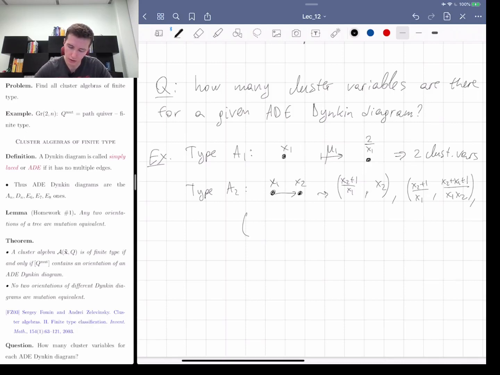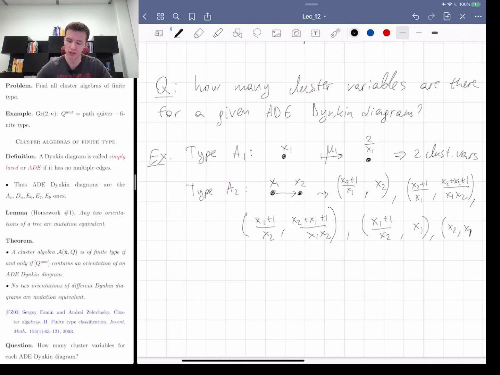And then I mutate at the first vertex again. I think I'm going to get x1 plus 1 over x2. There is going to be the Laurent phenomenon cancellation. And then finally, they're going to swap, and then x2, x1.